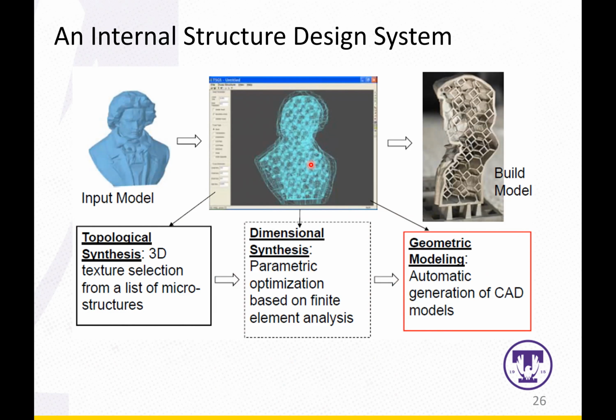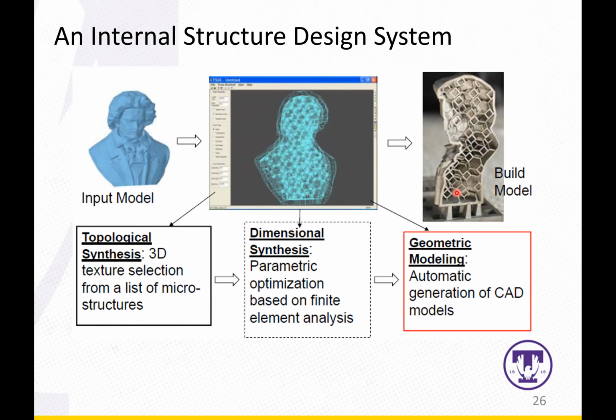And to efficiently and robustly compute the final shape, a new design system is developed, and the user can control the patterns by specifying the dimensions, right? How many, what the smallest cellular size will be, and what the resolution will be, and so forth. After that, the system will automatically compute the final patterns for additive manufacturing.